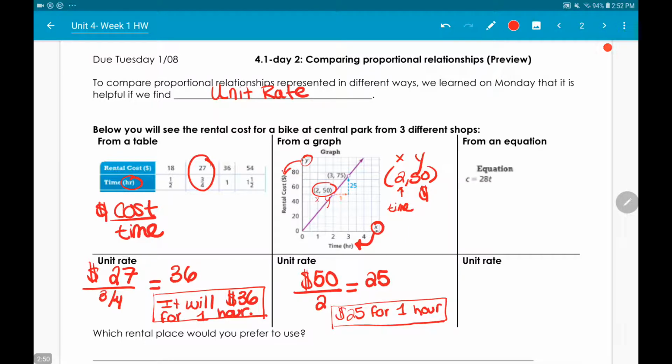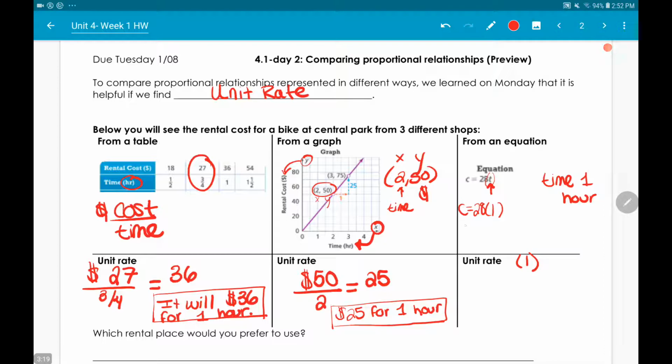Okay, and lastly is an equation. And remember, unit rate means when we're talking about the quantity of 1. So in this case, we're talking about the quantity of time, which is 1 hour. So how I figure out my unit rate from an equation is wherever I see t or x, I'm going to plug in 1. So if you remember from last unit, the only thing I'm changing is that variable.